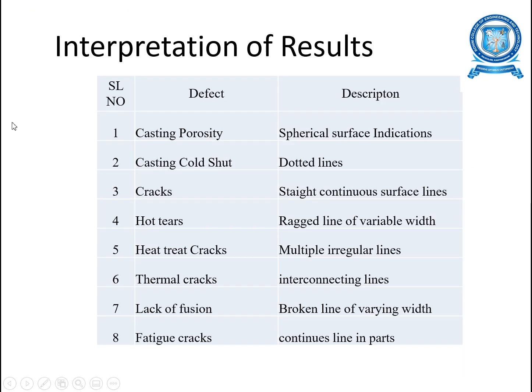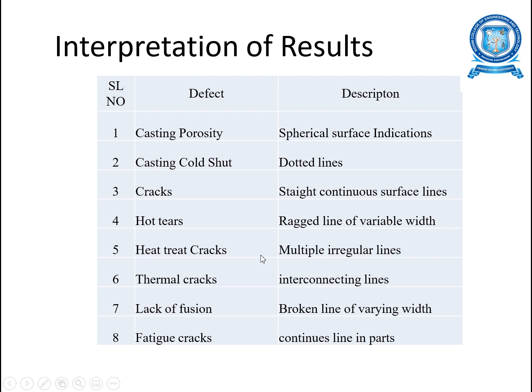So, interpretation of results. You can see here the defects: casting porosity, described as spherical surface indication, and casting cold shut will be indicated in dotted lines, the cracks as straight continuous surface lines, and the defect hot tears may be in the form of a ragged line of variable width.